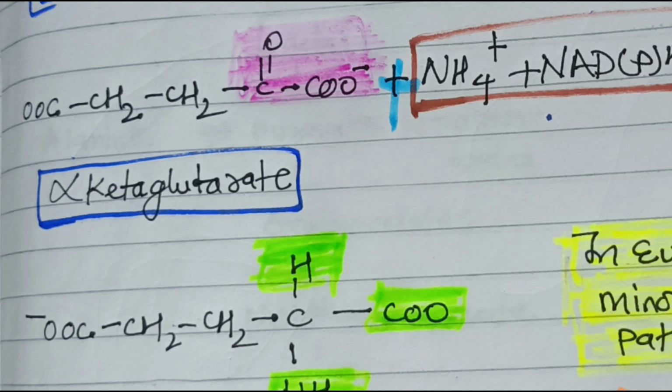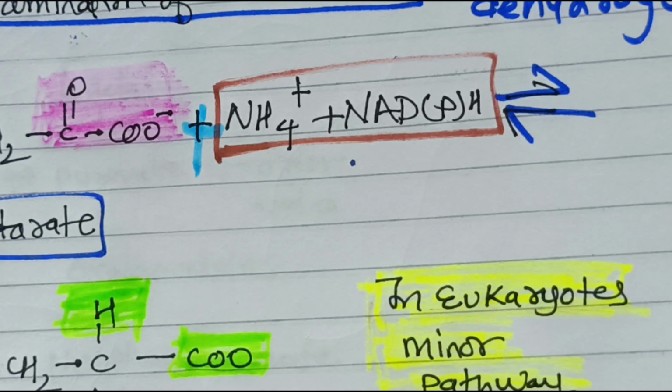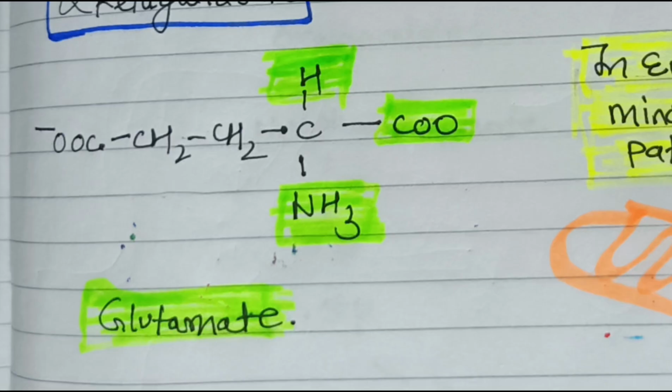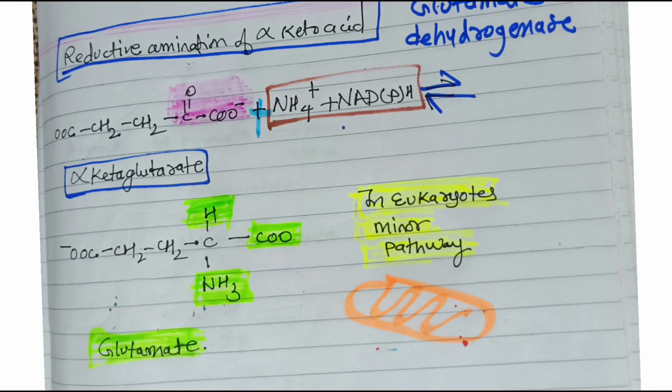So, here, the reductive amination of alpha ketoglutarate, where we have taken alpha ketoglutarate and we have added NADH and an ammonium group here, and it is a reversible reaction where it forms glutamate. Glutamate dehydrogenase catalyzes the reductive amination of alpha ketoglutarate and it forms glutamate.